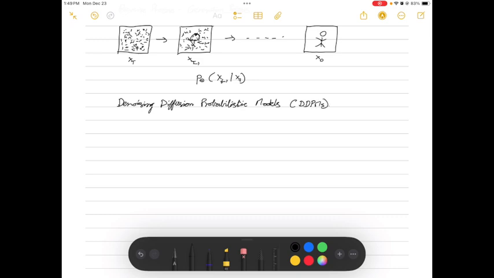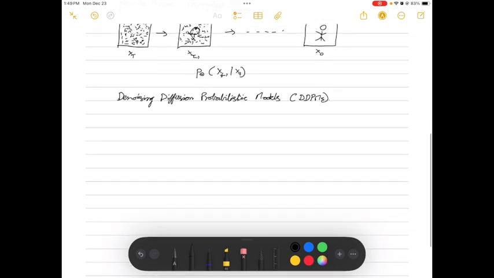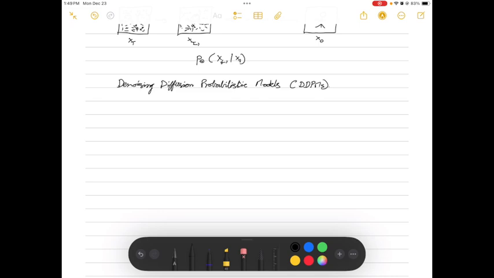And as you can see from the name, DDPMs are diffusion models which generate data by denoising the noisy samples iteratively. So you can think of DDPMs as hierarchical VAEs, but having the same dimensions for all latent states.